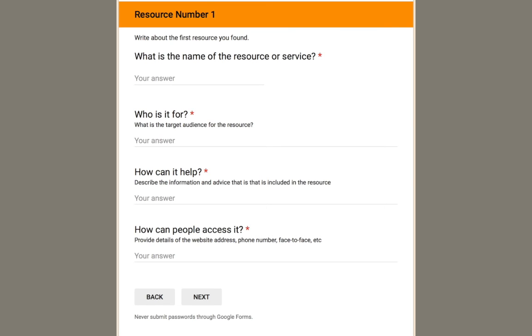So one of the learners had an issue where she started to complete the Google form. She entered resource number 1 that she'd found, and then accidentally navigated away from the form. Now, unlike Google Docs, Google Forms doesn't save what you're doing as you're going along.